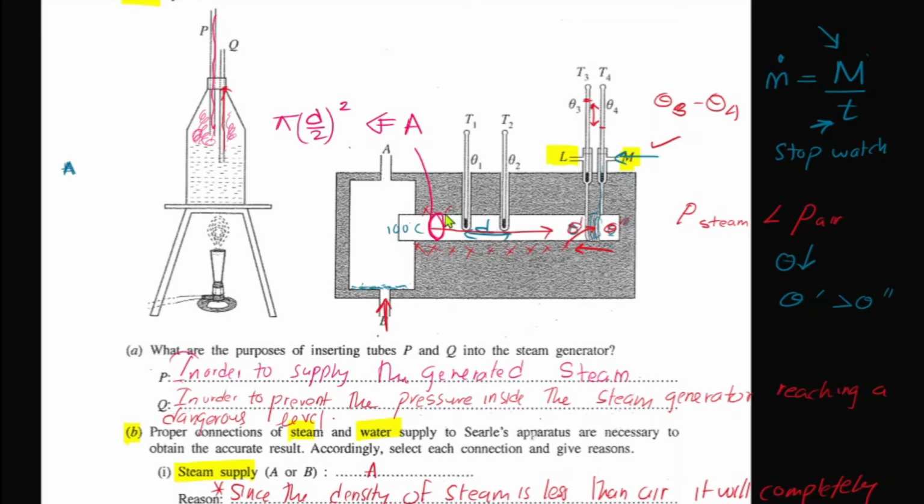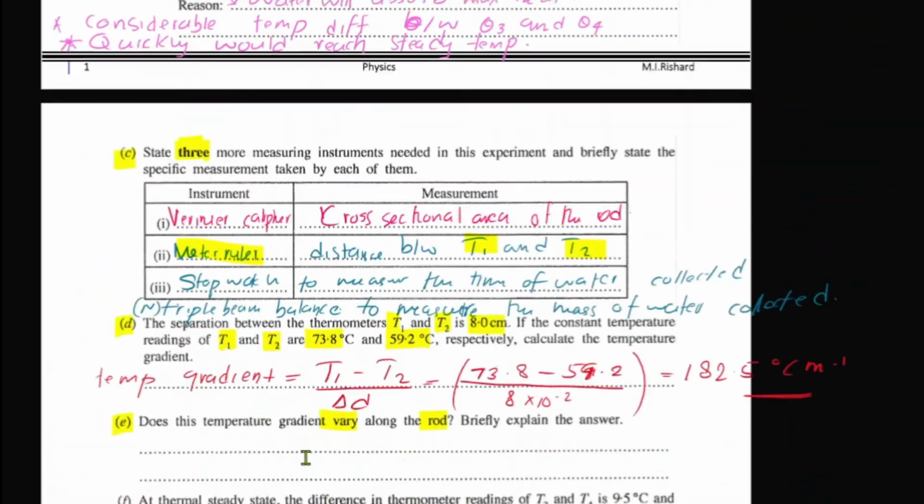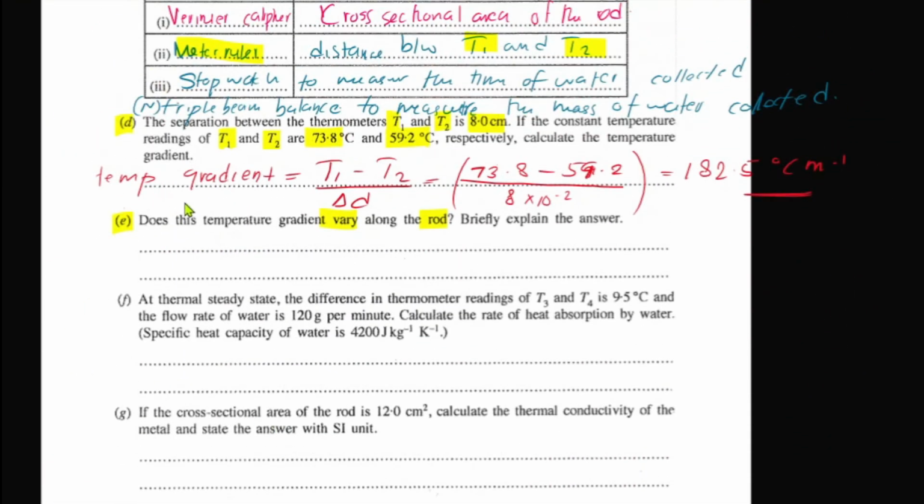If it is well lagged, then there is no heat loss from the rod to the environment. If there is no heat loss, the heat will only be conducted from left to right. Therefore, the temperature gradient will not change.